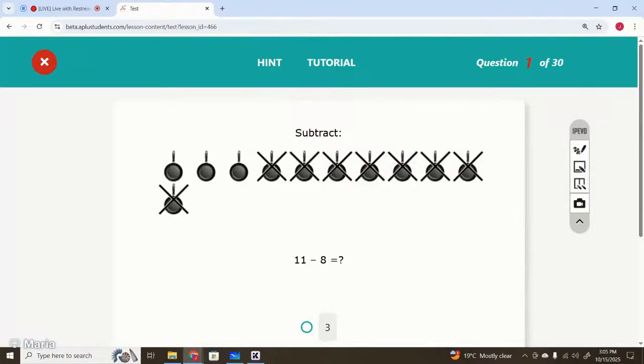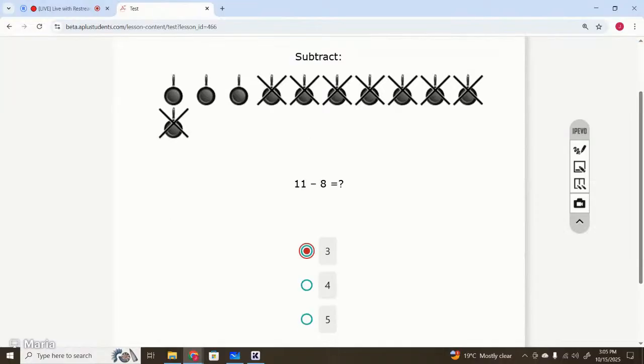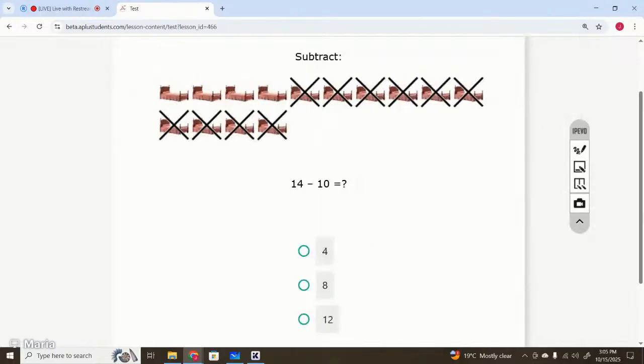So 11 take away 8 is. You need to count the ones that are not crossed. So 3 of them are not crossed. So 11 take away 8 is 3. Option number 1 is the correct option.